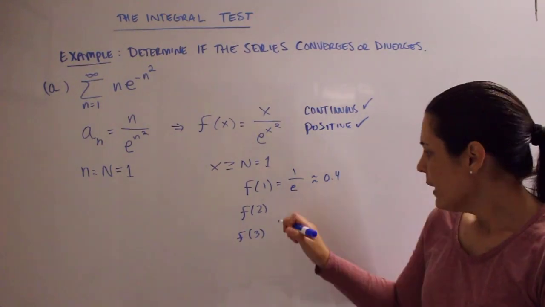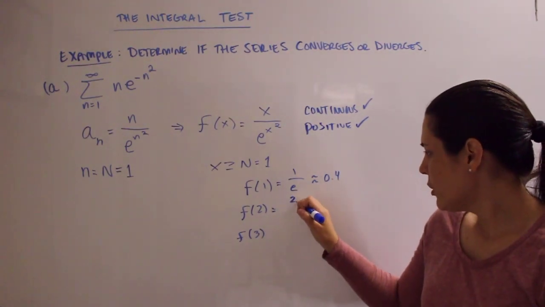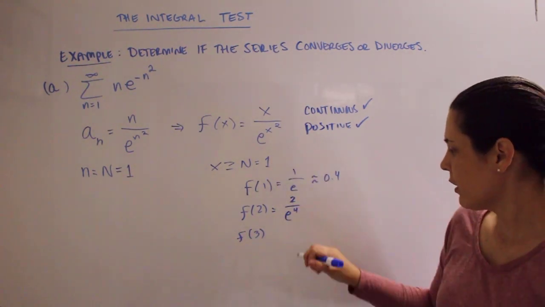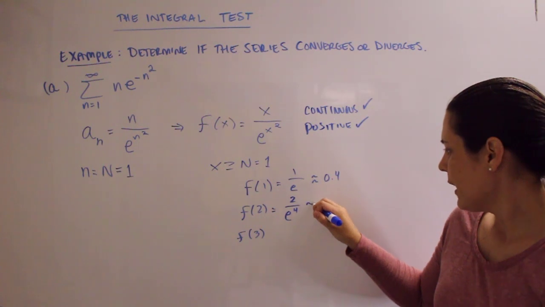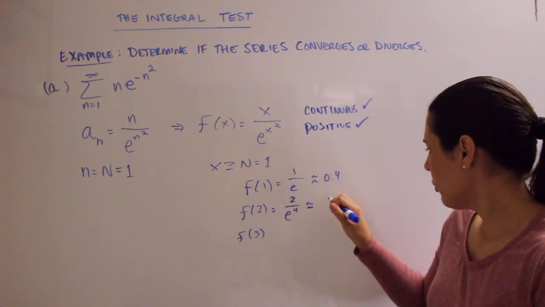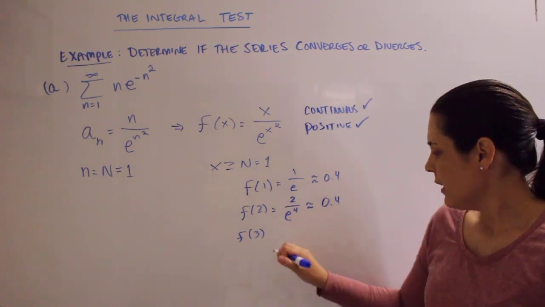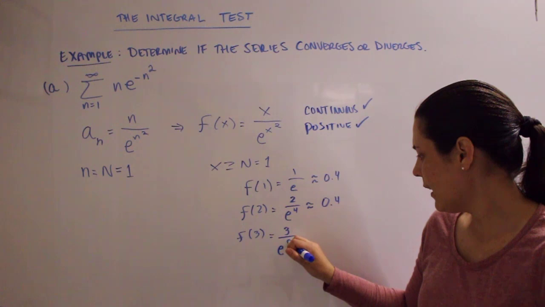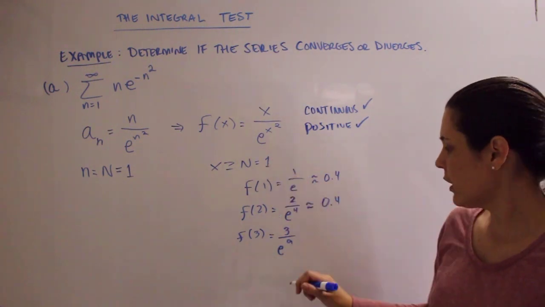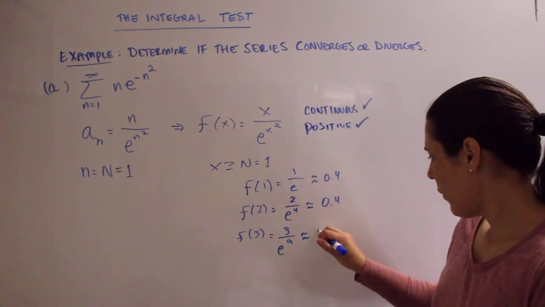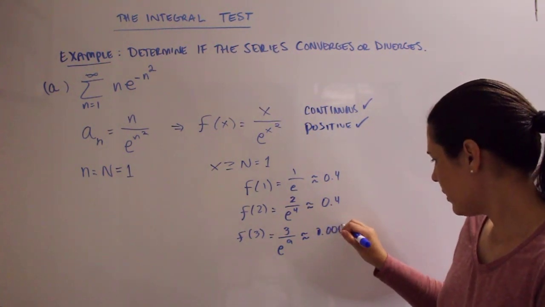Okay. If you plug in 2, that's going to be 2 over e to the 4th power, because you're squaring that there, the 2 squared on bottom, and that is about 0.4. Then if I plug in 3, that's going to be 3 over e to the 9, because I'm squaring the 3 there, and that is approximately 0.0004.